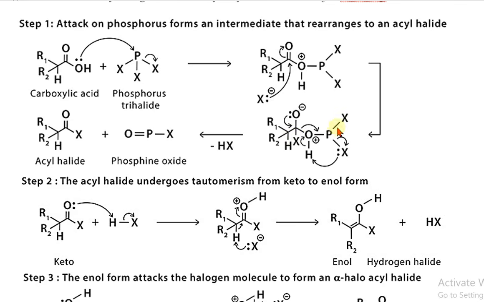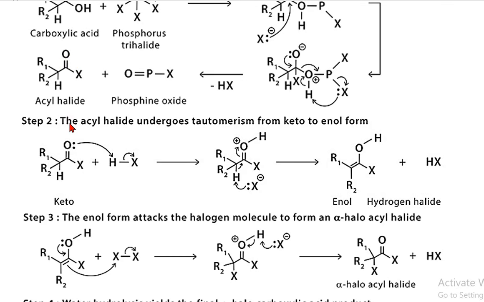Finally, all this acts as a leaving group. So this makes a double bond, and this converts to here. The halogen takes the hydrogen as minus HX, and this leaves the structure to give the acyl halide.